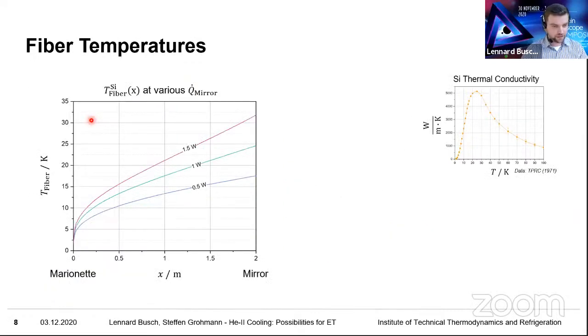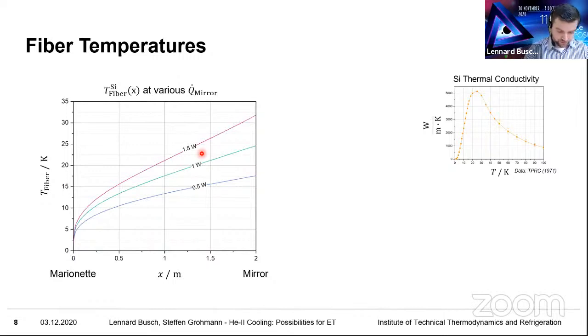And a plot of these gradients for silicon fibers along the length of those fibers at 3 different total mirror heat loads looks like this. We have 1.5 watts, 1 watt, and 0.5 watts.